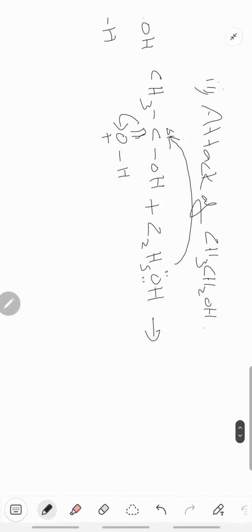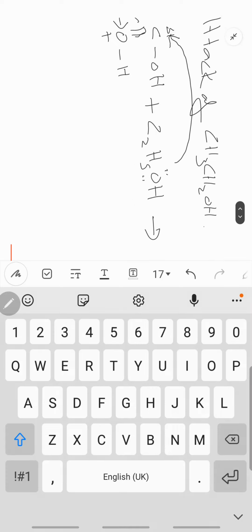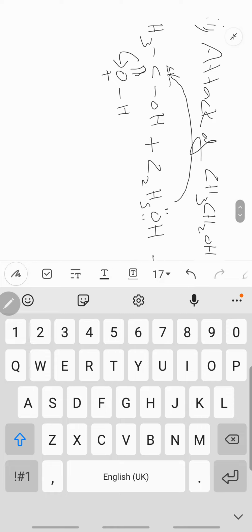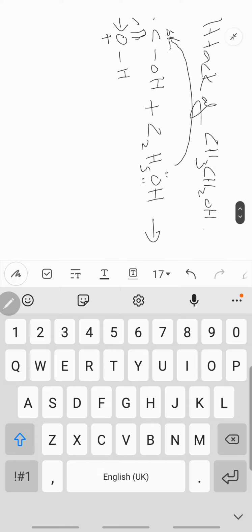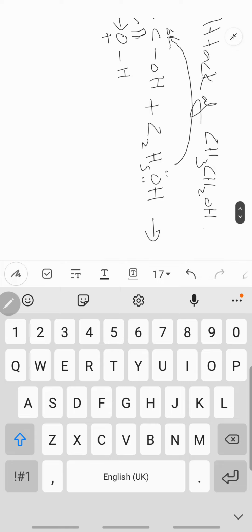And what will happen is that this electron will attack, will attack here, so it will attack one bond less, and it'll give me a product like this.